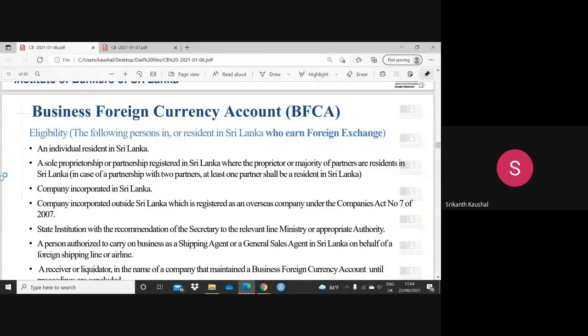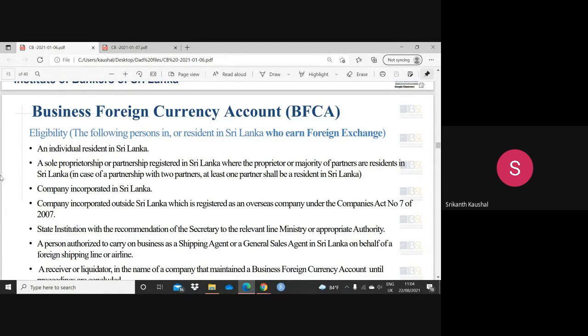That is their local name. So actually the origin of the company is in India. That is the company incorporated in India. But they have a branch office or overseas company registered under the Sri Lankan Company Act. So those companies are considered as overseas company.